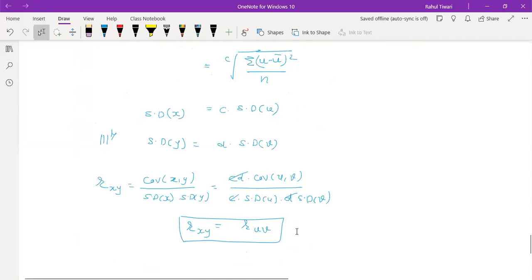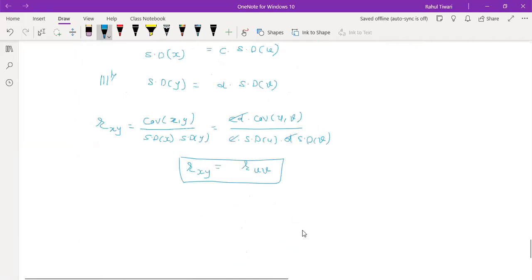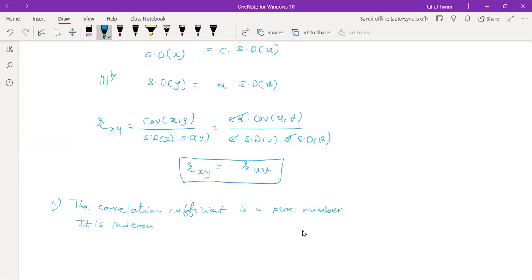So the third property you can write: the correlation coefficient is a pure number and it is independent of unit of measurement.